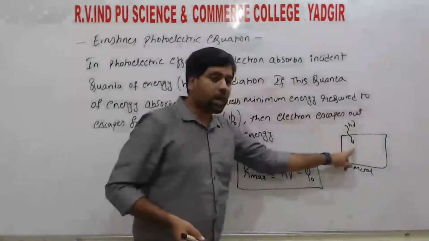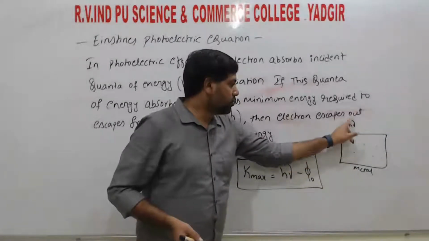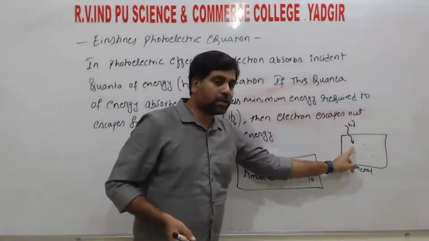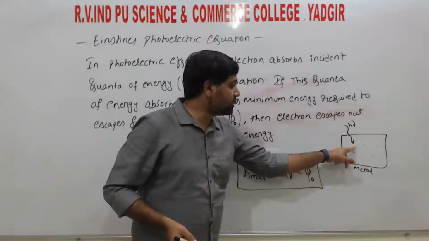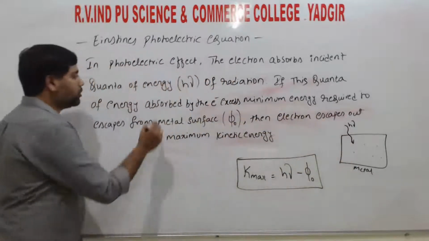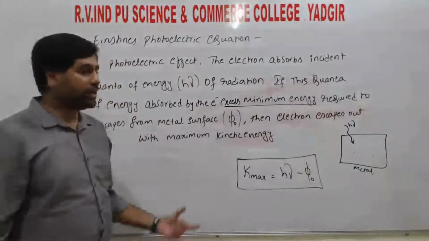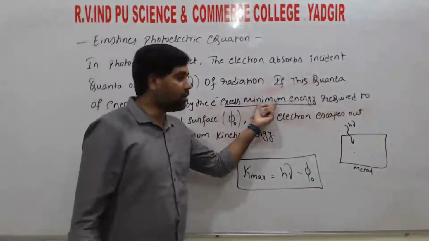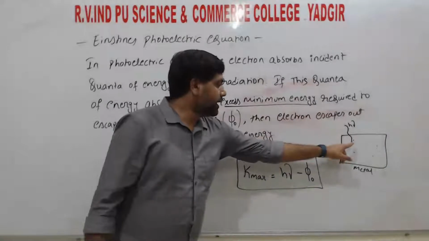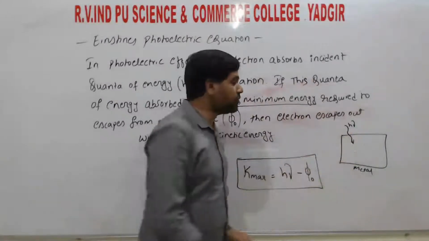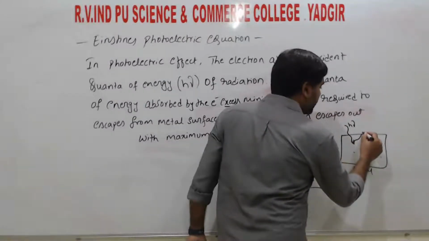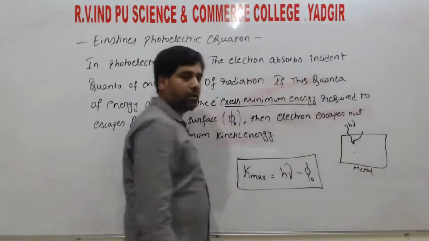How much energy is absorbed? The energy absorbed by the electron exceeds the minimum energy required to escape from this metal surface, that is from here to here, right?